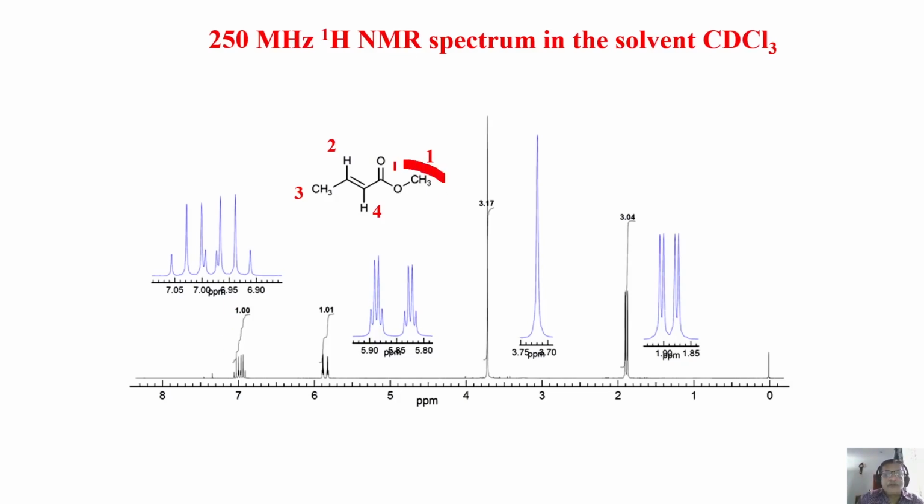What is that? OCH3. It is not coupled to any of the protons. It gives a singlet, and we also know methoxy protons come close to 4 ppm in the chemical shift range. See, near 4 ppm, the strong peak is there with intensity 3. That means this has to be OCH3. That assignment can be done. There is no doubt about it.